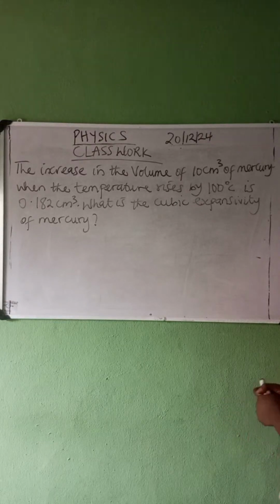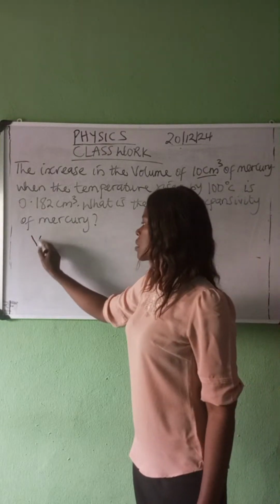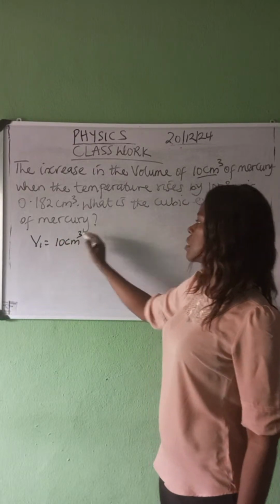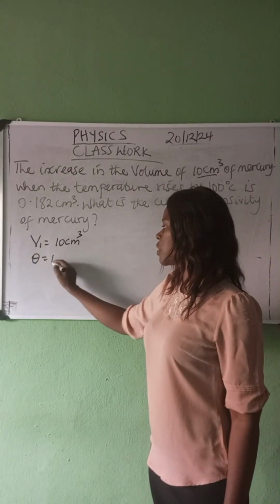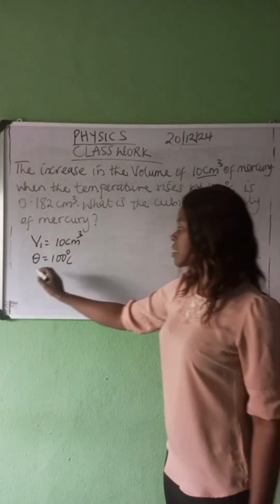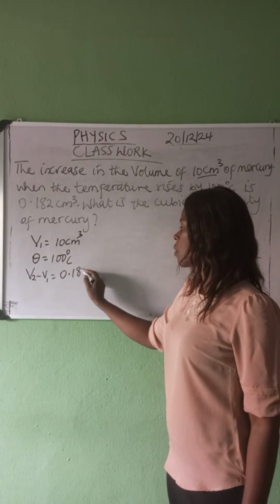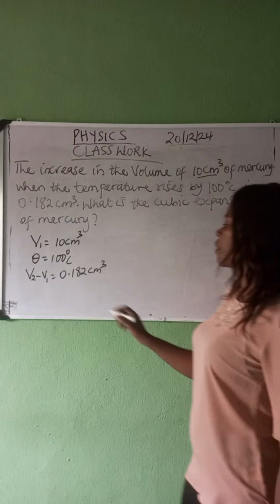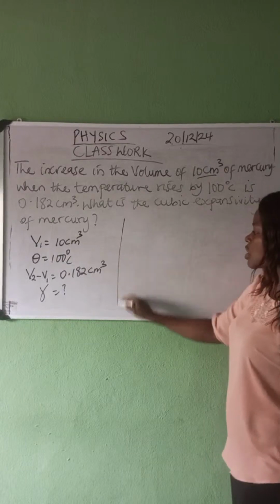In this question, we are given V1 to be 10 centimeter cube, and the temperature rise is 100 degrees Celsius, that is theta. The increase in volume is given, that means we are given V2 minus V1 to be 0.182 centimeter cube. We are looking for the cubic expansivity, which is gamma.